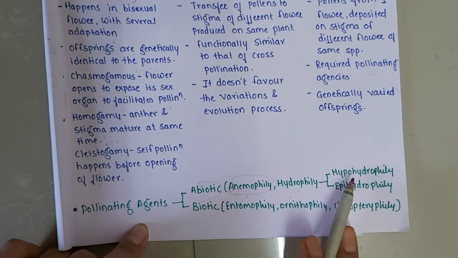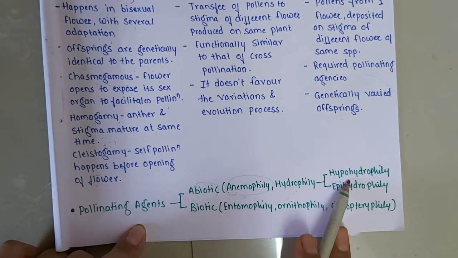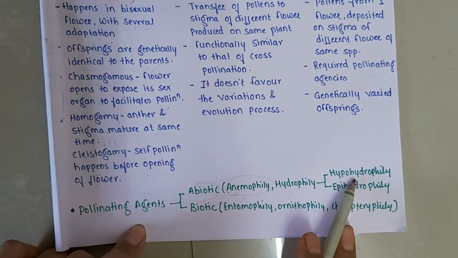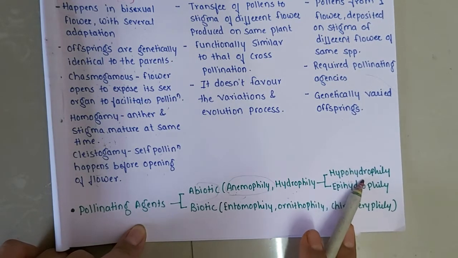Okay, hypohydrophily means pollination occurs below the surface of water. Here the pollen grains are heavier than water, so they will sink down and be caught by the stigmas of the flower.